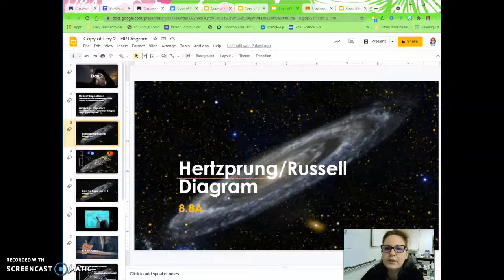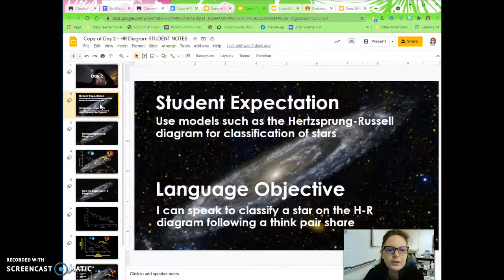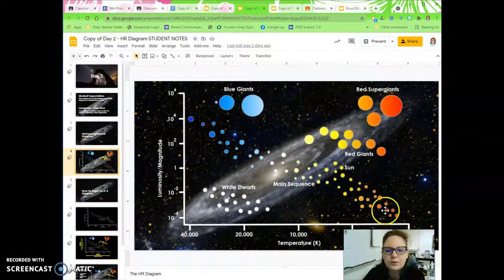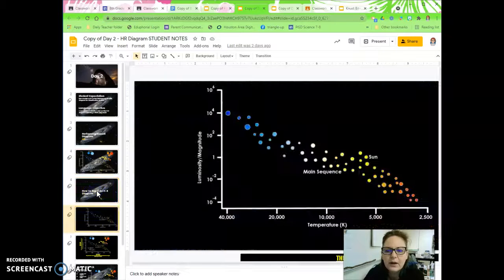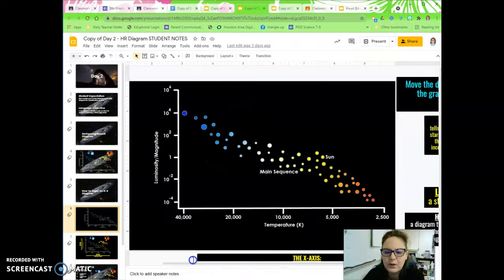Your version, actually, let me show you real quick so you know what to fill in. This one is the student notes version. As we go, you're going to have some copies of the HR diagram, and you'll add some of these labels and notes as you go.